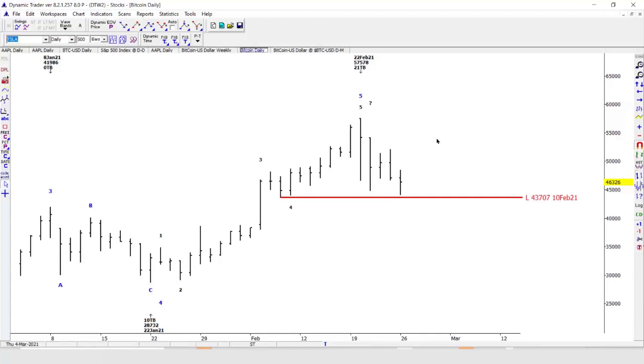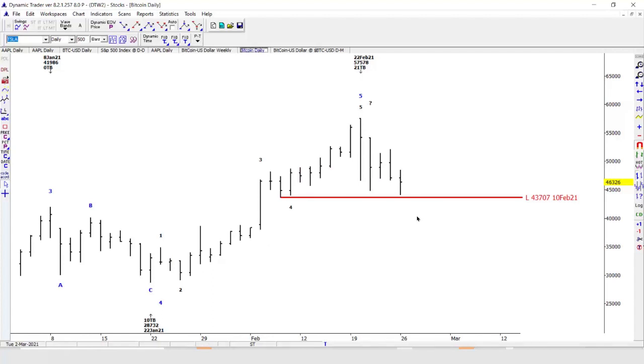If there ever looked like a textbook 5-wave impulse trend into a new high with a reversal, this market looked like that in February of 2021. So what would indicate that this 5-wave advance is complete? Well, of course, a trade below what we labeled as a wave 4 low would break the higher highs and higher lows pattern and indicate that this 5-wave advance, which completed wave 5, was complete.